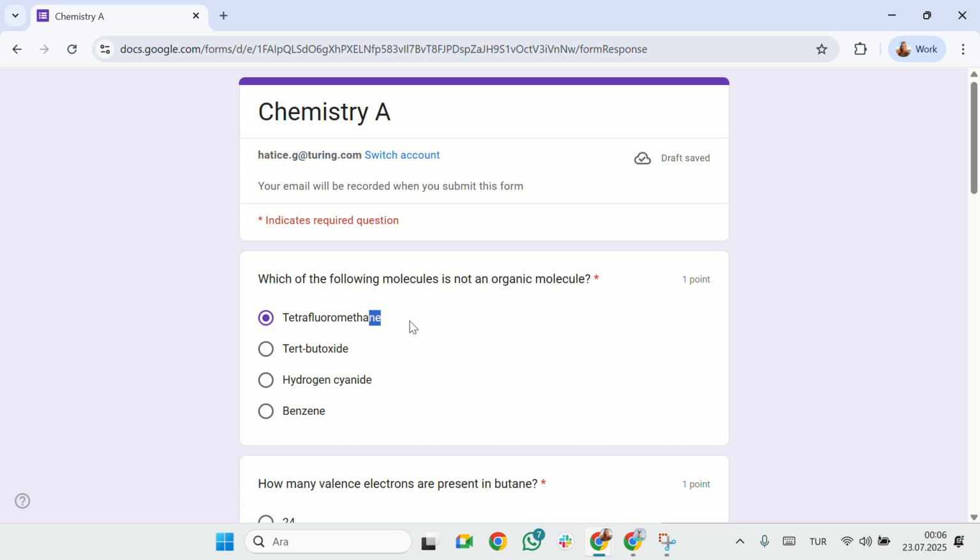Tetrafluoromethane, tert butoxide, hydrogen cyanide, and benzene. I think this is an organic molecule. I think this is an organic molecule as well. Hydrogen cyanide and tert butoxide. Since I know this less than the others, let's choose this.